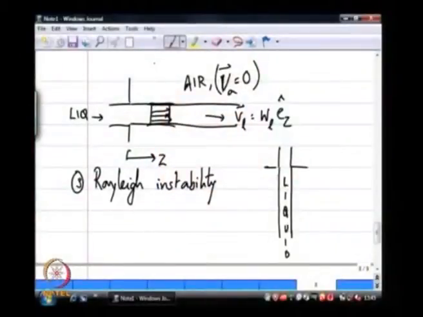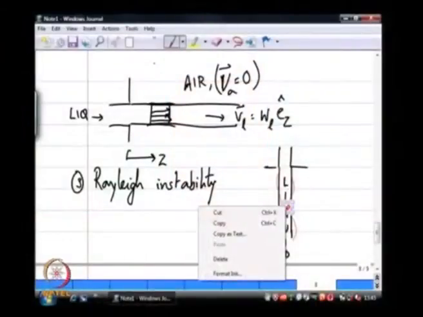Okay. Whereas, if I took this infinite column of liquid and perturbed it slightly, just like that, okay. Now, I have created, because the curvature here is smaller, the radius is smaller, curvature is larger.